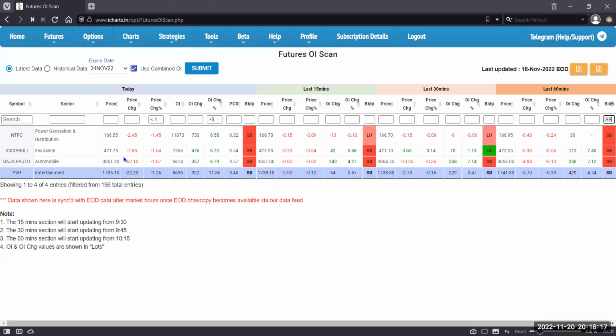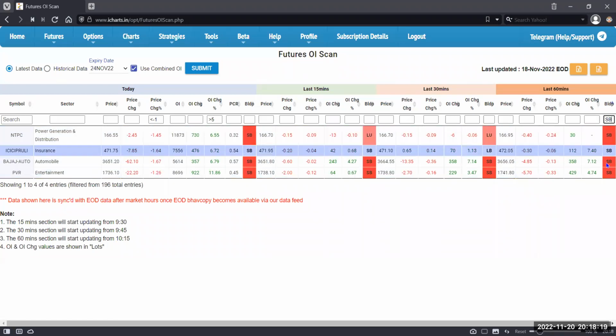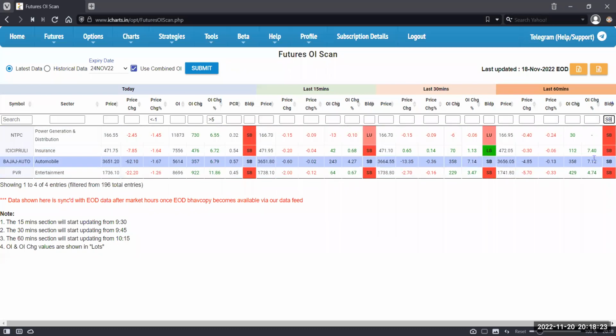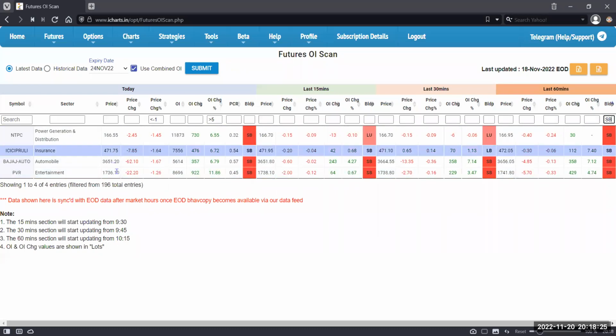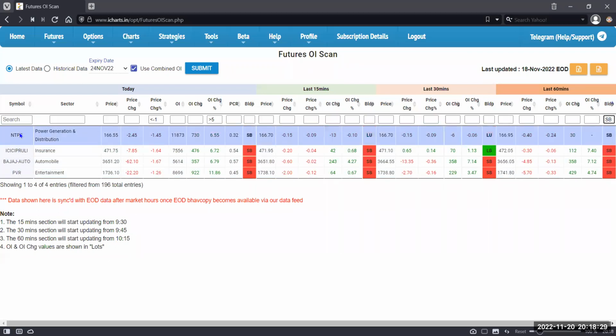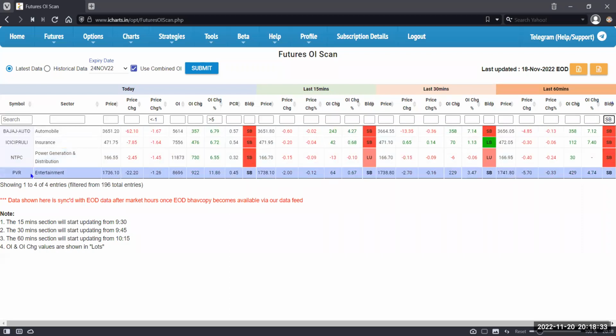And this means that even the last 60 minutes is really bearish. So then this gives you more confidence in the analysis. So you can look at the charts of these scripts, and then try and find a low risk entry point towards the downside.